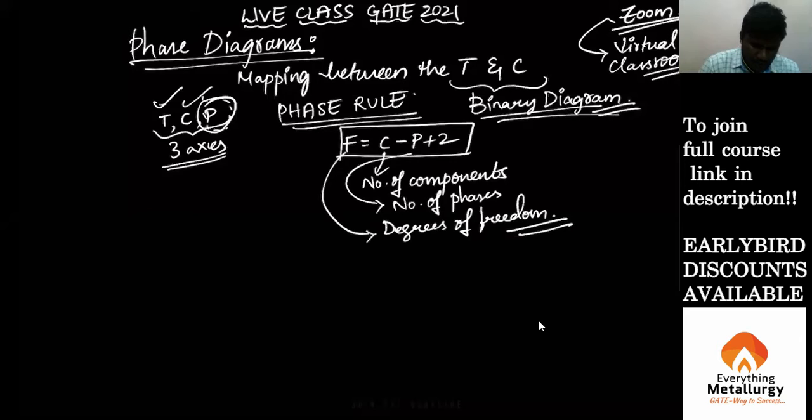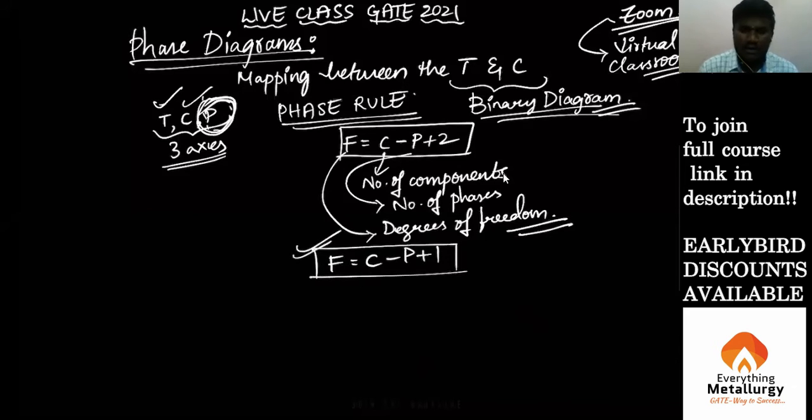But here, for our easy purposes, we have removed the term pressure. I mean, we made that constant. Whatever you see is usually drawn at constant pressure, or rather atmospheric pressure. For that purpose, the same Gibbs phase rule is turned into F = C - P + 1.